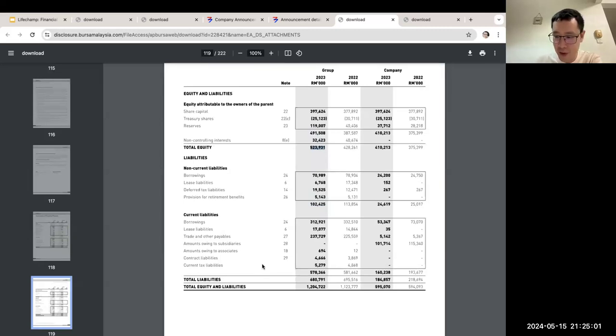All right. You should get roughly 102,425 divided by total equity 523,931. Then you should get a gearing ratio of 19.5%. Okay. So that is actually what I've gathered for Mcom. Okay, the gearing ratio is about 19.55%.